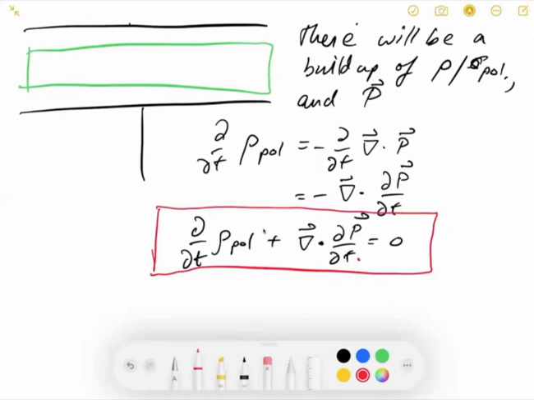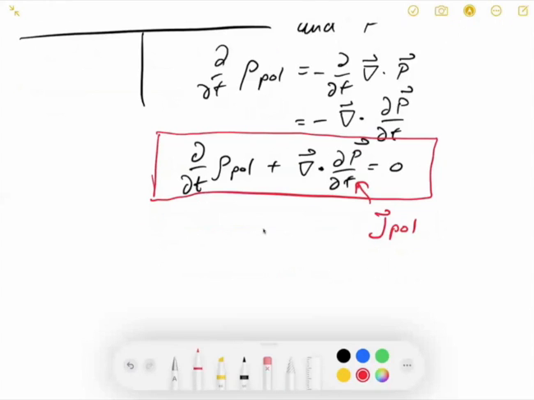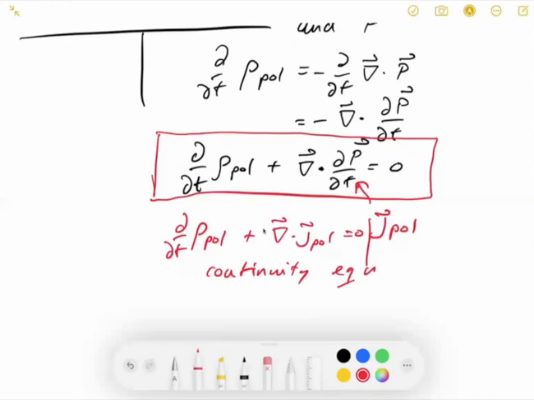So that means that we can call this thing the polarization current, J polarization, such that there is a continuity equation that looks just like before. So d/dt rho polarization plus the divergence of J polarization is equal to 0. So that's the continuity equation for polarization.